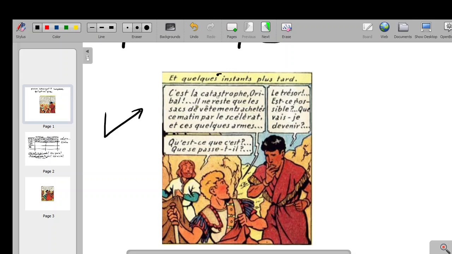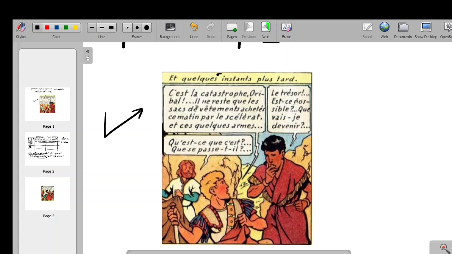C'est la catastrophe, Horrible. Horrible is the name of the guy, this guy. Il ne reste que les sacs de vêtements achetés ce matin par le scélérat et ses quelques armes. Okay. So it's a catastrophe, Horrible. Only the bags of clothes bought this morning by le scélérat. Scélérat is like, I don't know, like a thief or something like that.